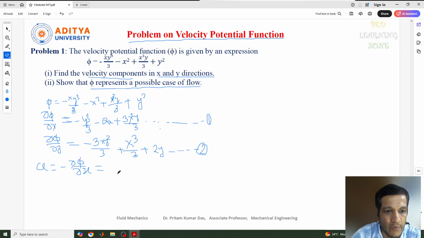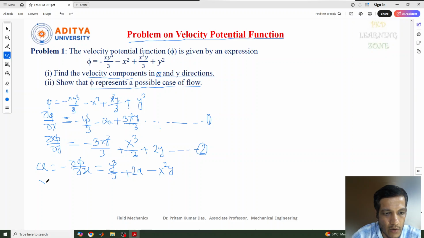Then we can write y cube by 3, minus of minus, plus 2x minus x square y. Okay, so this is the velocity component u in the x direction.